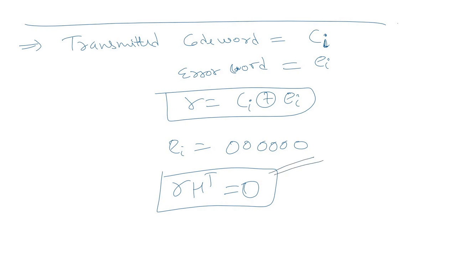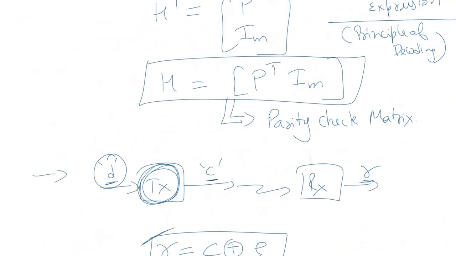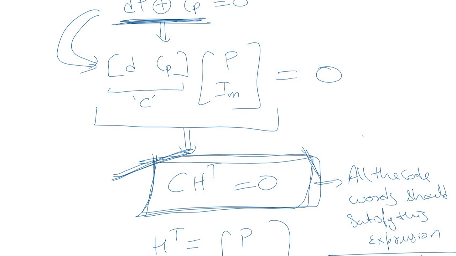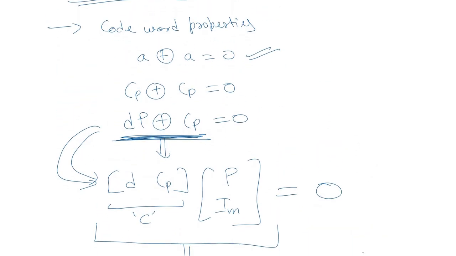This expression R into H transpose equal to 0 is analogous to the expression that we did at the start of this lecture, C into H transpose equal to 0. This was the important property that we derived, and we are making use of it over here, where we saw that the modulo 2 addition of a word with the same word gives you 0.